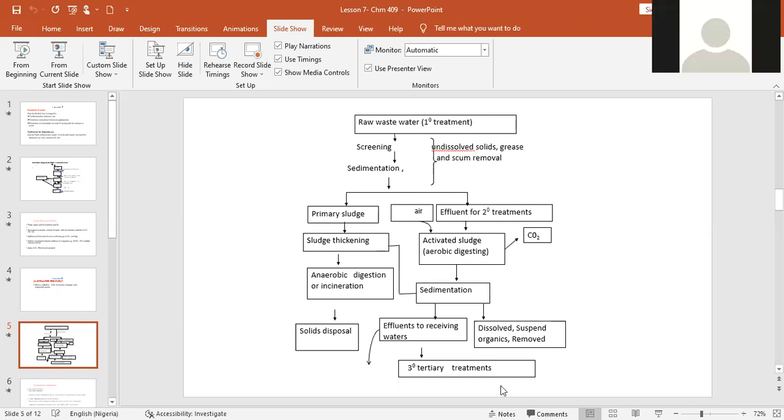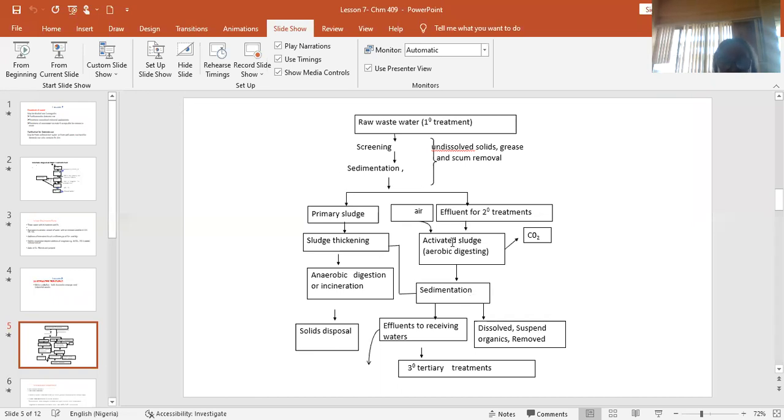Question? Ma, please, what do you mean by the sludge and how is it formed? All right, very good question. What is the sludge? I said when you have your water, after screening it, in other words, removing all the big particles, you take it through what we call a sedimentation tank. In the sedimentation tank, all the particles settle at the bottom. That particles that is settled is called the sludge.